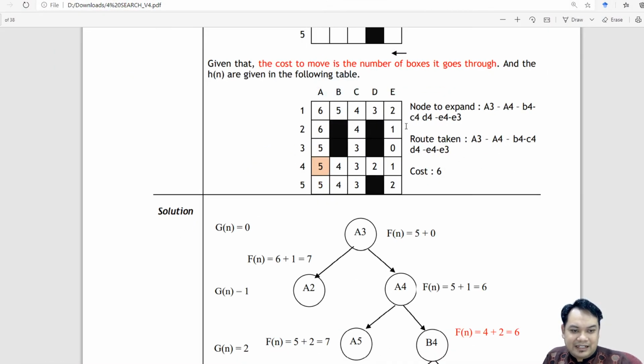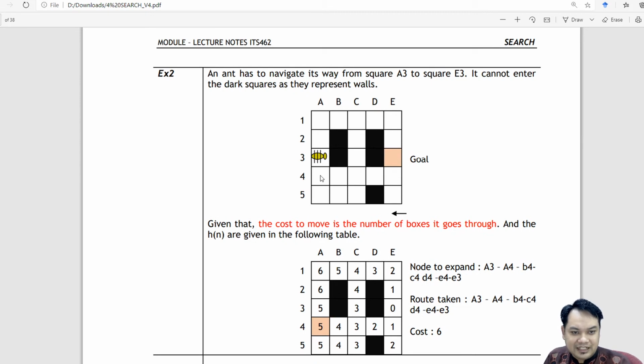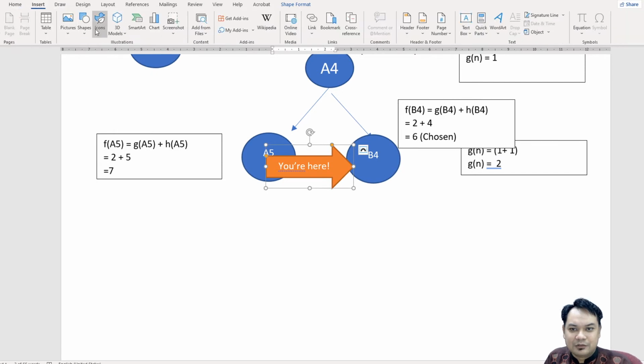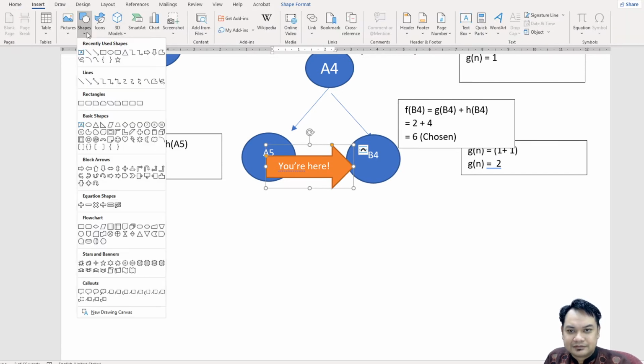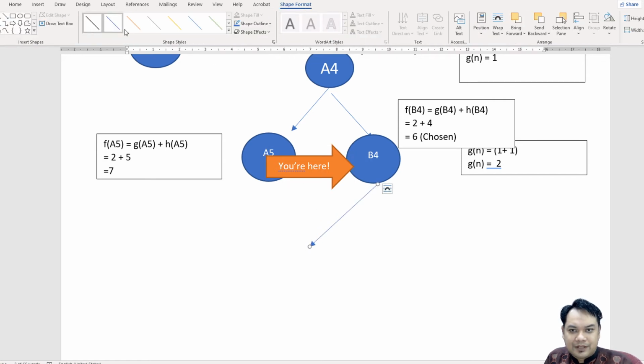So, we look back at the graph. So, sekarang dia duduk dekat B4. Di sinilah B4 ni. So, B4 nampak dia boleh pergi pada B5 or C4. So, kita pecah dua balik lah. Kita pecah dua. B5 and C4.